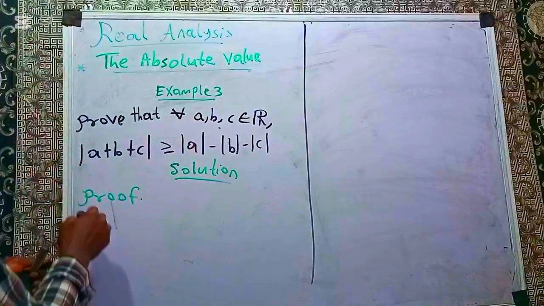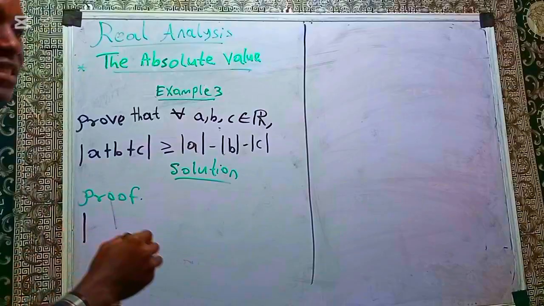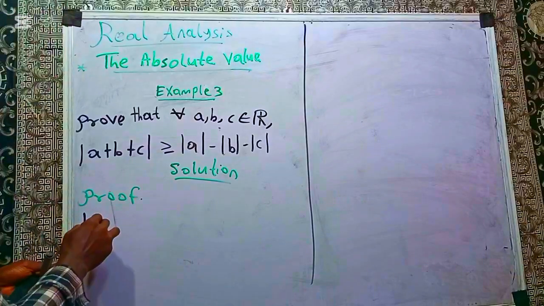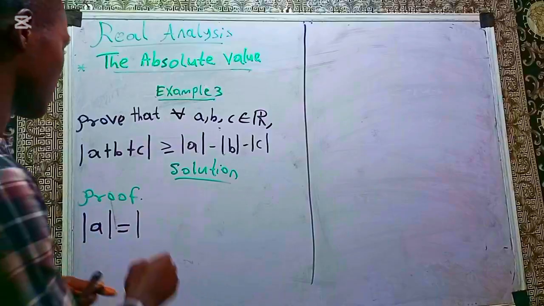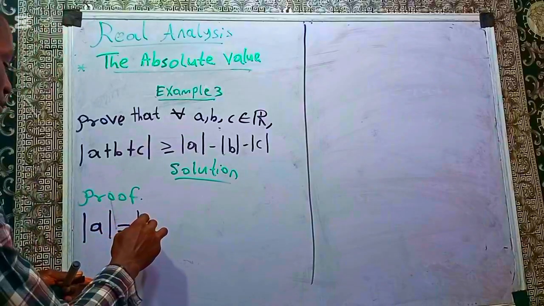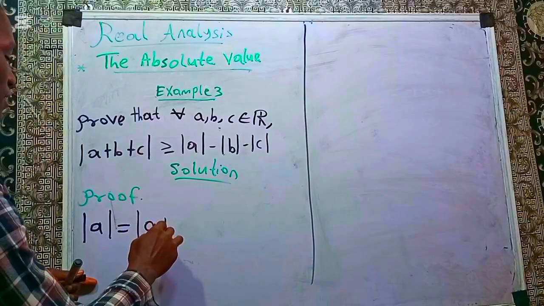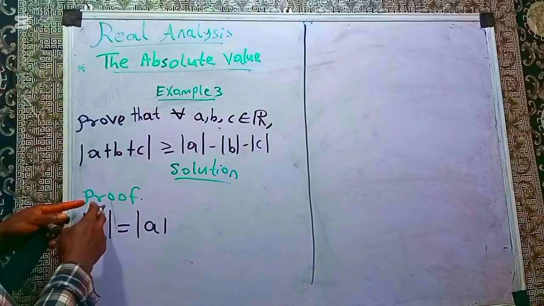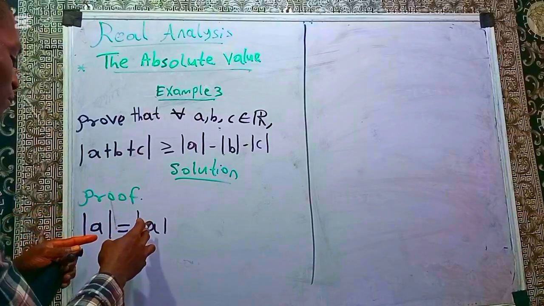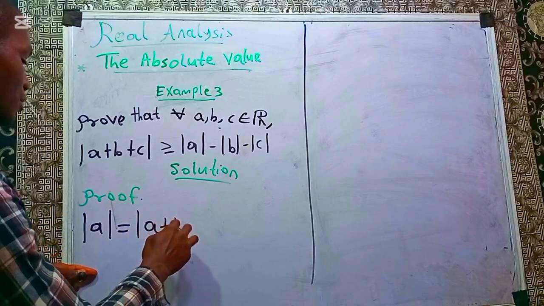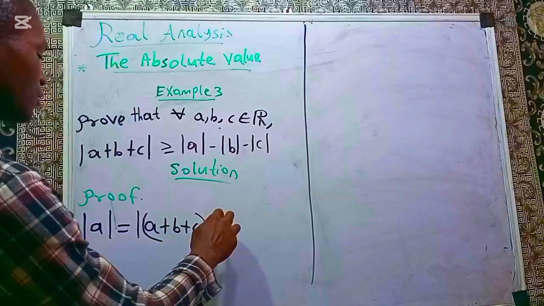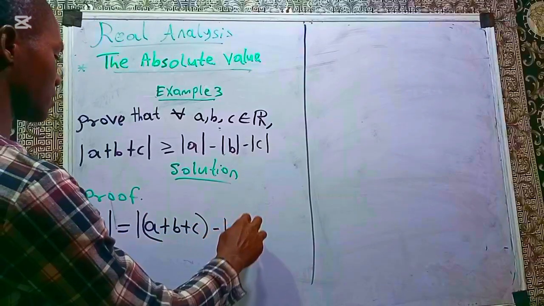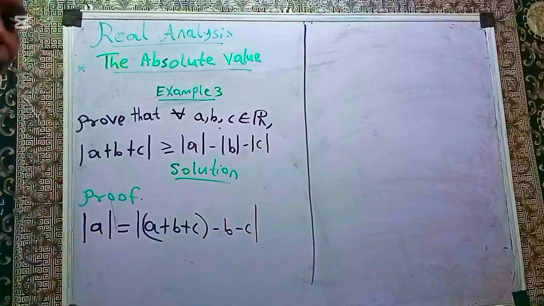So what we are going to do is that I will start with absolute value of a, then I'll write this absolute value of a as absolute value of a plus b plus c minus b minus c, right?